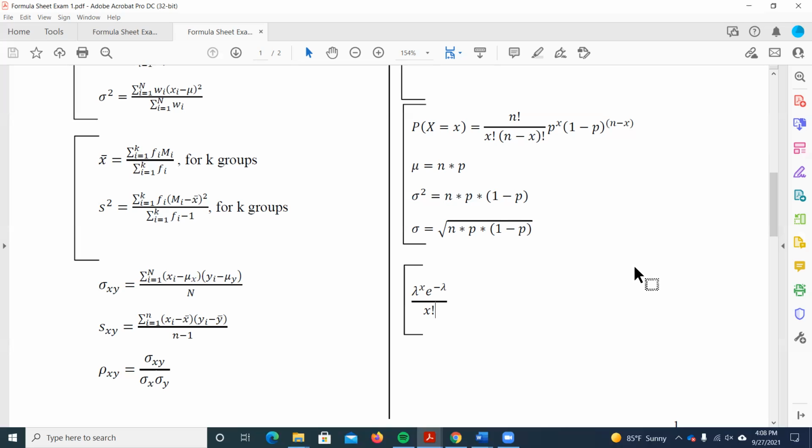Now that I have that new average in the time interval that I want, it's just like everything we did before, and it becomes pretty easy. I'll take lambda to the x times e to the negative lambda, and then divide by x factorial. Once I convert my average rate lambda into my new time interval, it's just like what we were doing before.